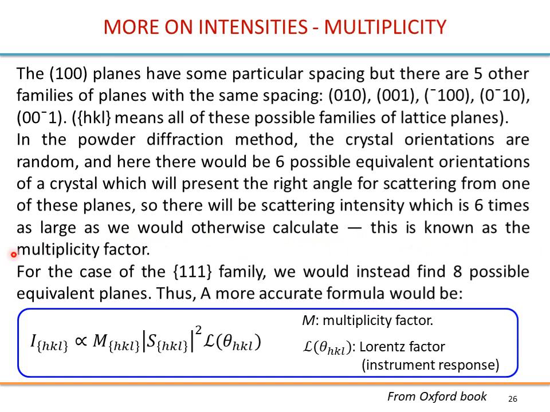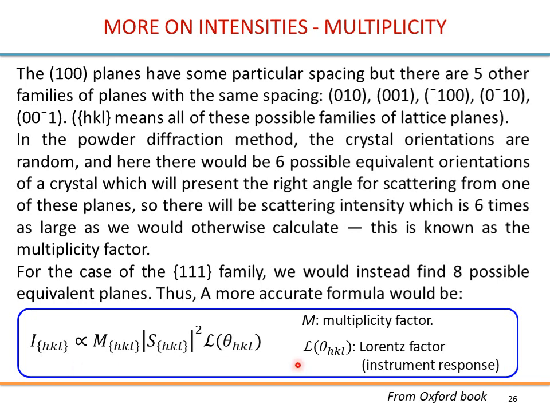Okay, and this is known as the multiplicity factor. So if you take another example, the 1, 1, 1 family, we have 8 possible equivalent planes. So here 6, this is 8. So there will be some differences in peaks due to this already.